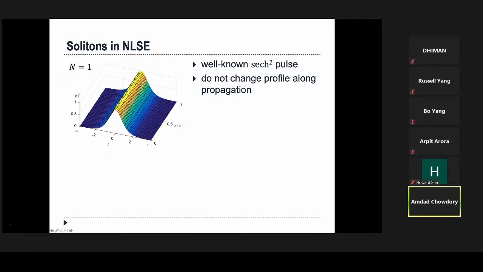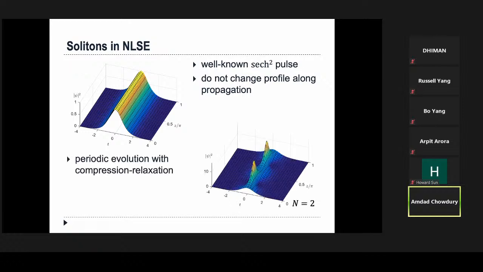The solution does not change profile along the propagation. This is the fundamental solution of the NLSE, the nonlinear Schrodinger equation. This is the first order solution, and the higher order solution is the nonlinear superposition of the first order, which looks like this.